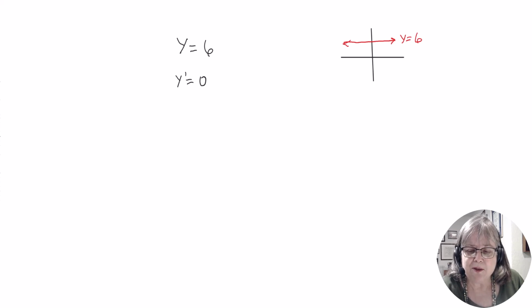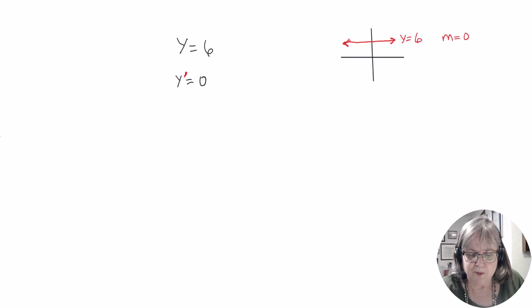So if you look at this horizontal line, you remember from algebra that the slope of a horizontal line is 0 because it's flat, has 0 slope. So if the derivative is the slope and the slope is 0 throughout this line, then this derivative is 0.